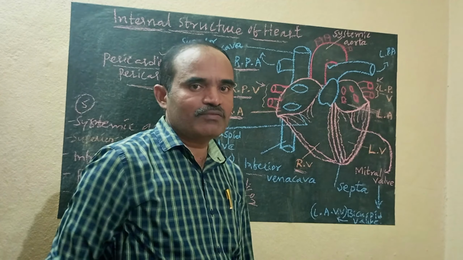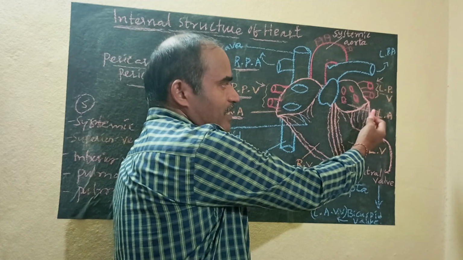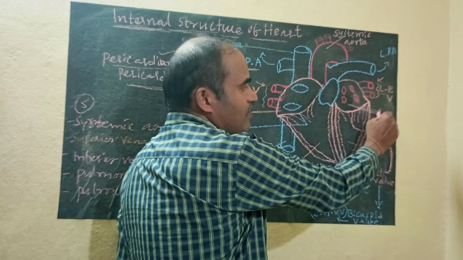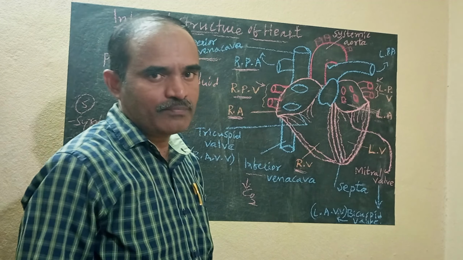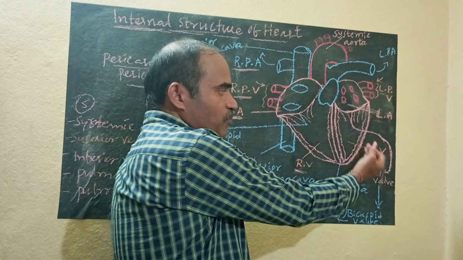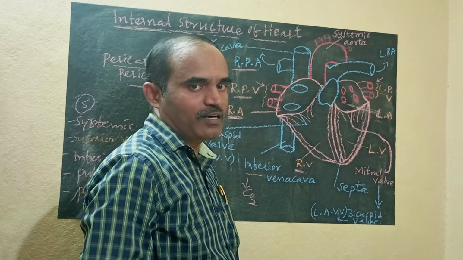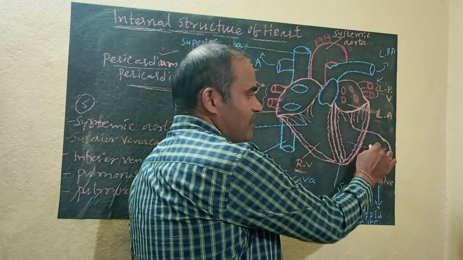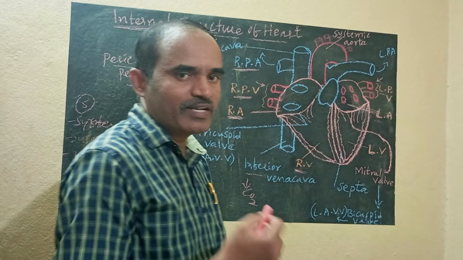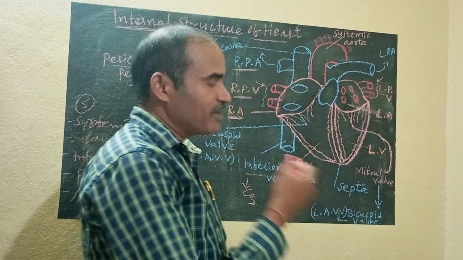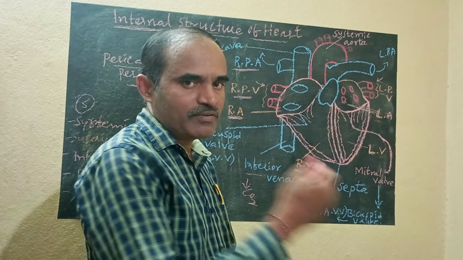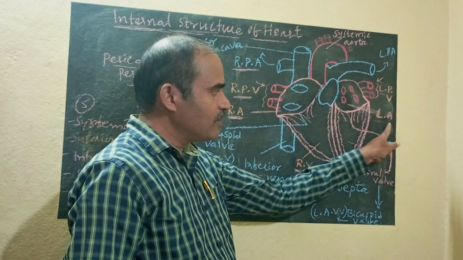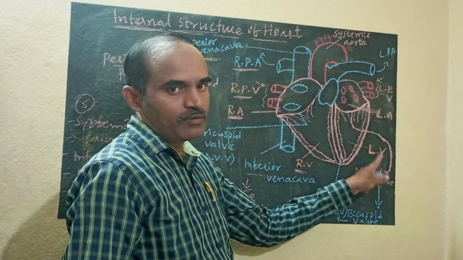And on the left side, the anterior part is called left atrium or left auricle. The posterior part on the left side, the lower chamber, is called left ventricle.